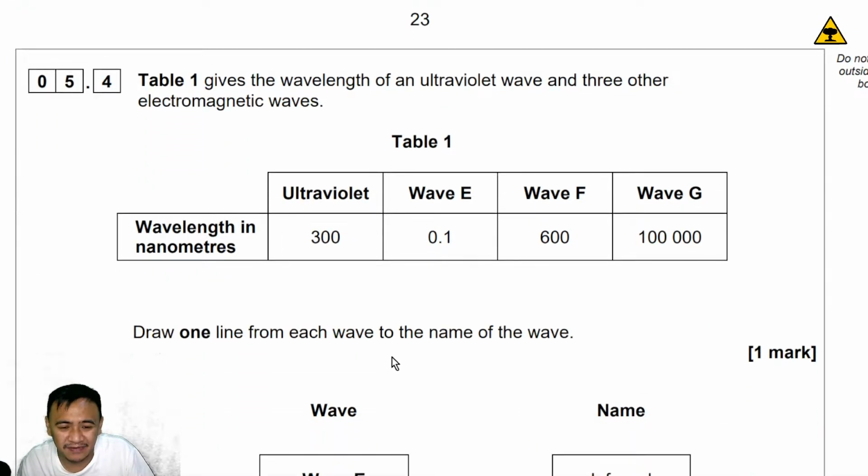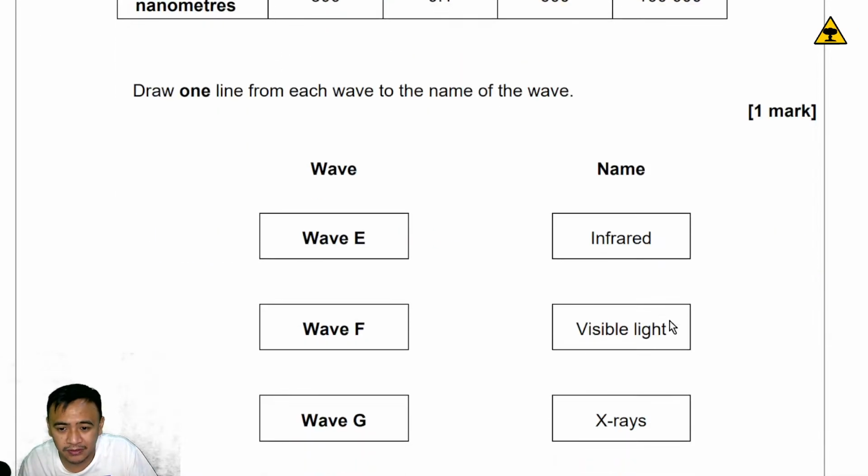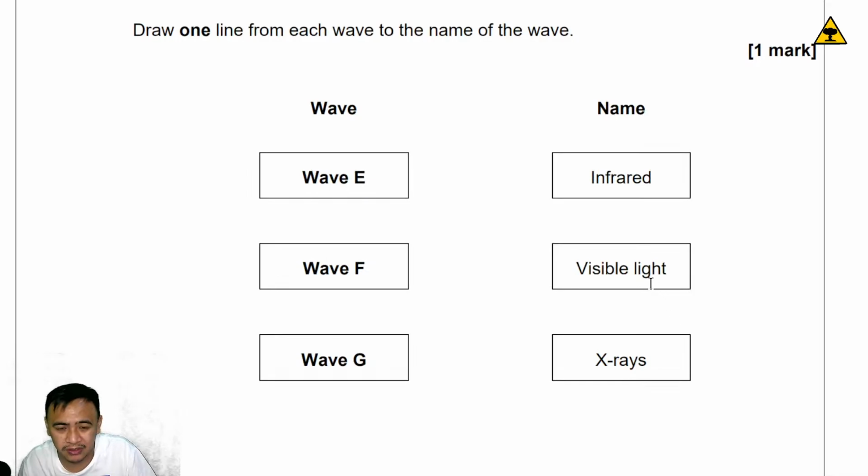All right, you have this table. Table 1 gives the wavelength of an ultraviolet wave and 3 other electromagnetic waves. Draw one line from each wave to the name. So which one is wave E, wave F, and wave G? I'll just copy this onto the Jamboard later.